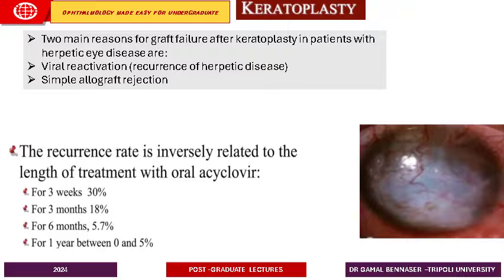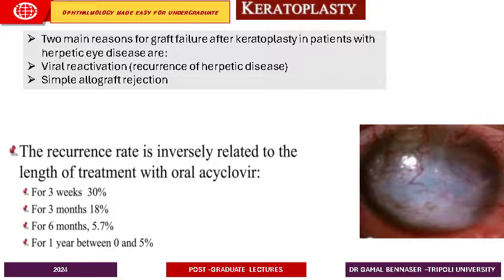For 3 months of use of oral antiviral, the incidence will drop down to 18%, and by 1 year, the incidence will be around 0% to 5% only. So there is a significant drop in the risk of recurrence of herpetic eye disease following keratoplasty in a patient who received a long duration of oral antiviral medication.